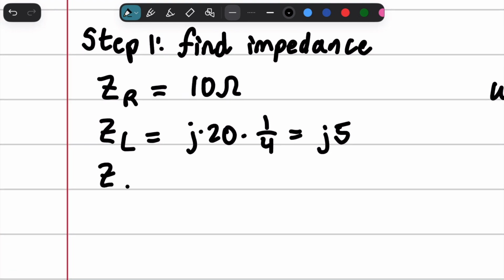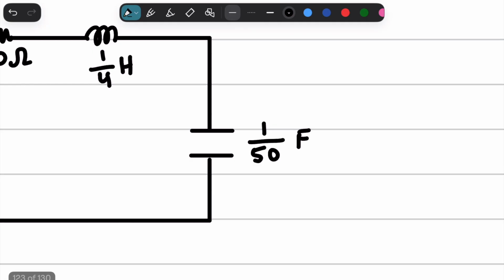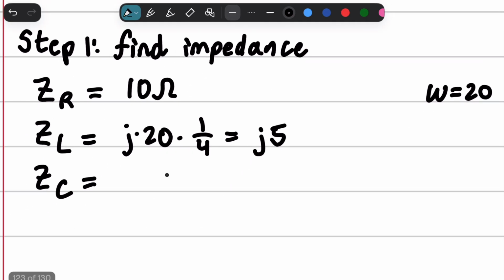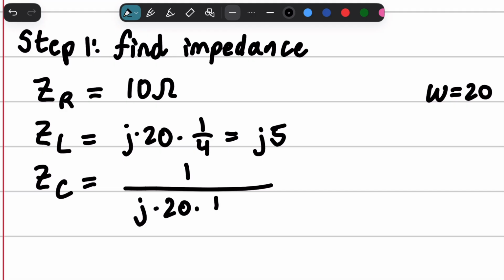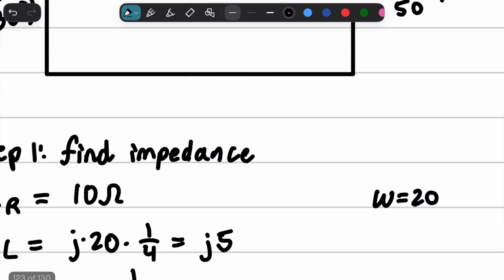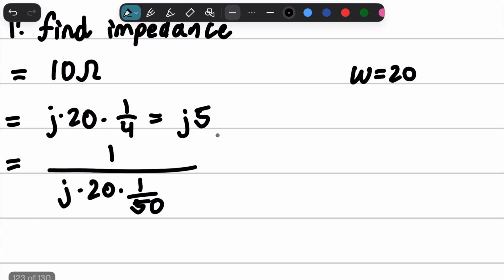And then finally we have the capacitor, the impedance of the capacitor. And that's going to be 1 over J times 20 times 1 over 50. Okay, and we'll go ahead and move the J up: negative J, 5 over 2.